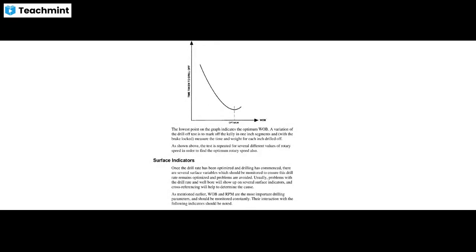So this is the surface indicators. Next one. After the drill rate optimization, we'll go for the surface indicators. So here there is constant torque, irregular torque, increases in torque or decreasing torque. So these are the points. We can go through it.